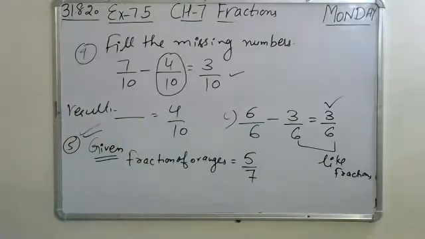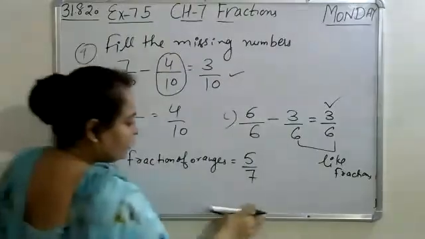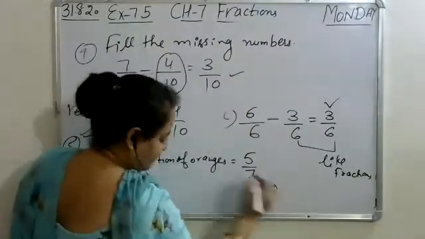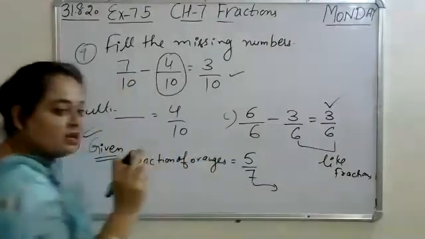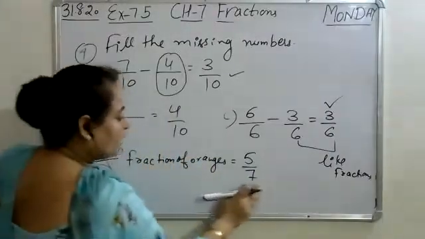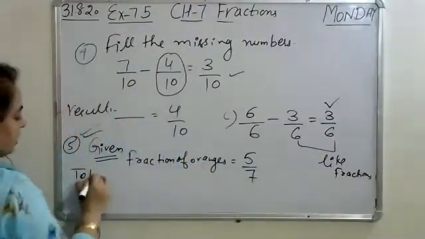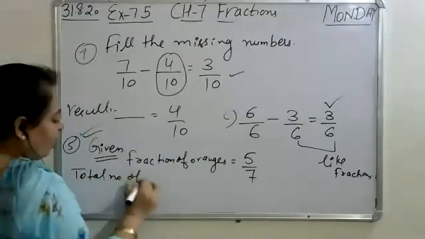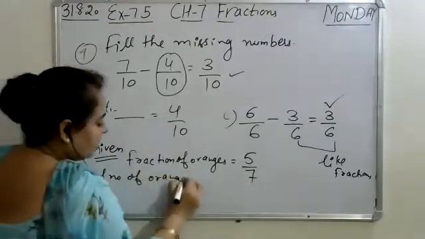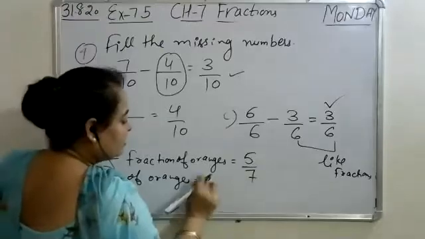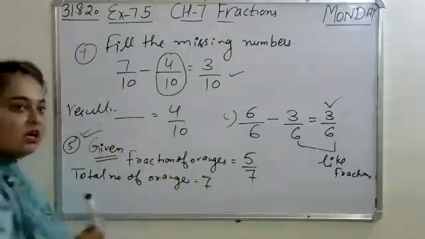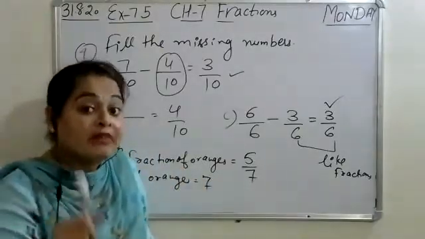Ma'am, it means there are total 7 oranges. Very good. Well done. Denominator means total, so total number of oranges is equal to 7, because in a fraction, in the denominator we have the total.